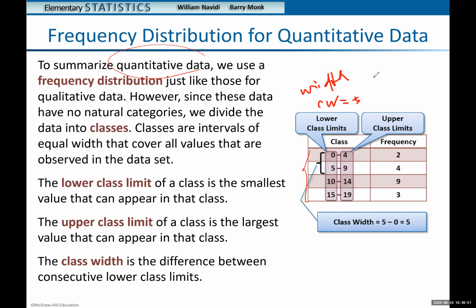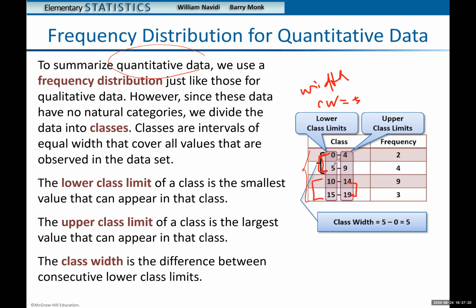Or if you don't want to count like what I did, 0, 1, 2, 3, 4, all you have to do is, by the way, the left side is what you call the lower limits. The right side numbers are what you call the upper class limits. So the easiest way to get the class width is to subtract any 2 consecutive numbers. 5 minus 0 is 5. 19 minus 4 is 5.